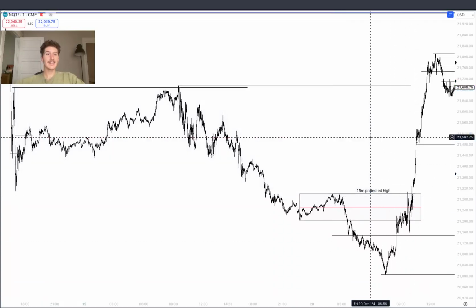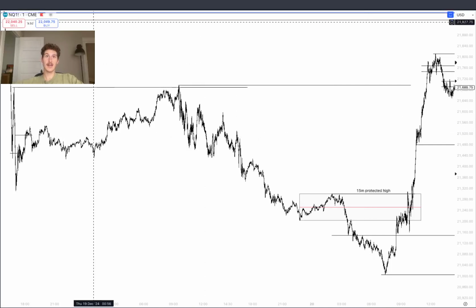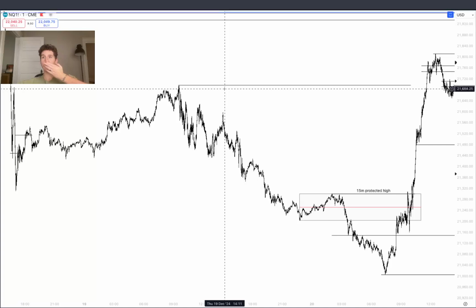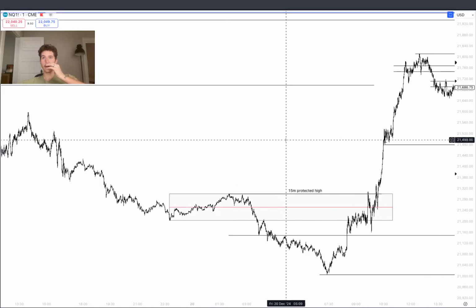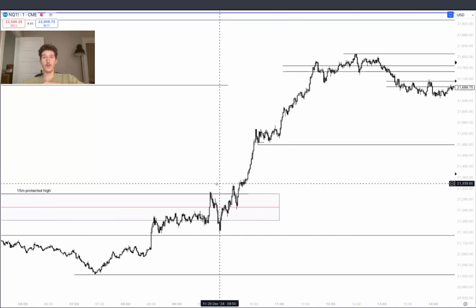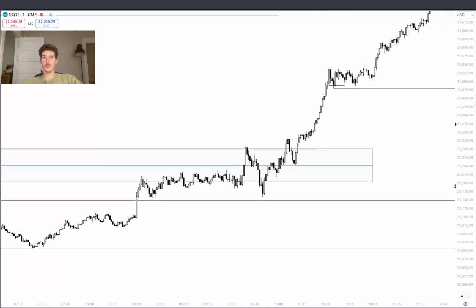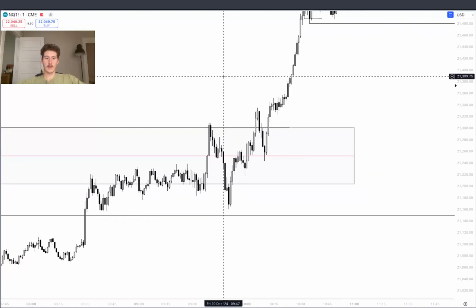But I didn't believe that's what was happening, because I don't believe that this is actually structural, and I don't believe that this flip down on the 1 minute is going to hold. So because I'm skeptical of it holding, I'm zooming in and looking.